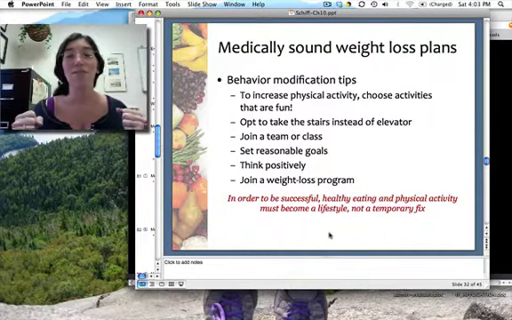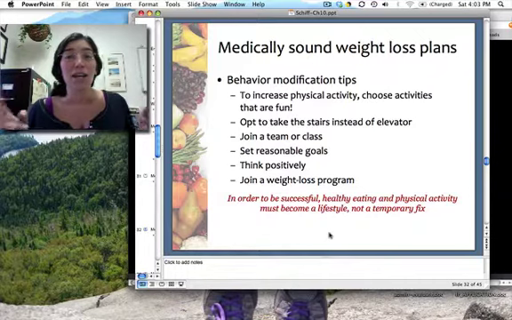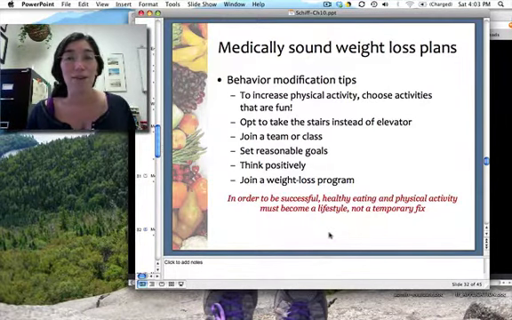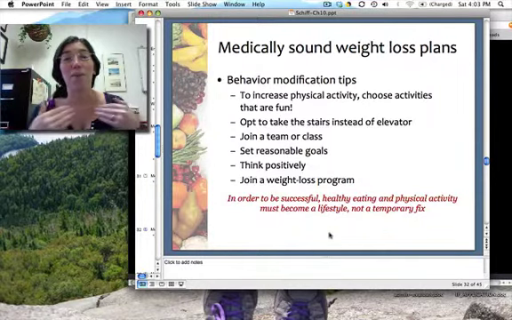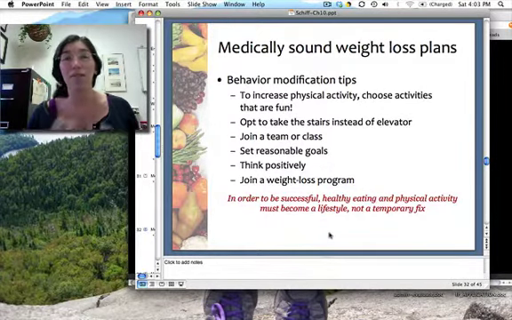When you think of the term diet, you think of something temporary, some kind of temporary eating plan that you go on for a week or a month or until you lose the weight. But what we're talking about here is a permanent diet, a permanent way of eating and living, a type of lifestyle, okay?